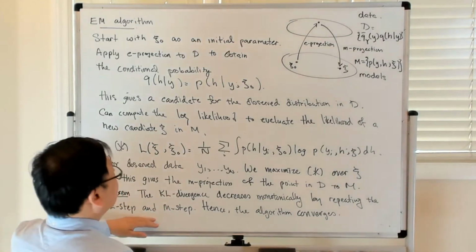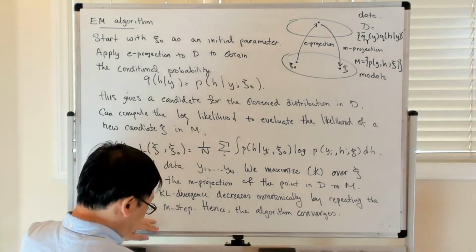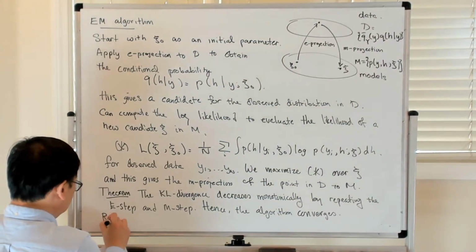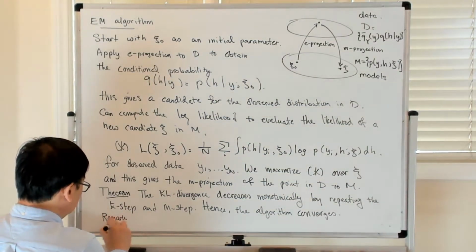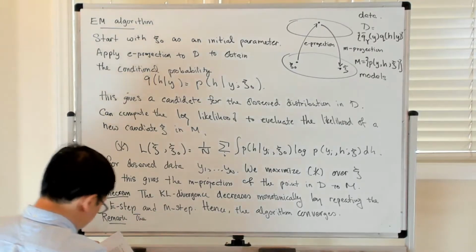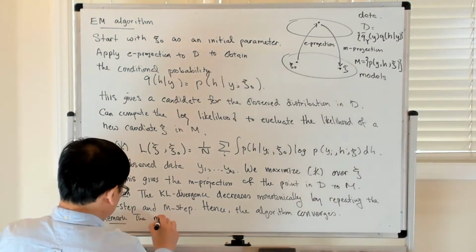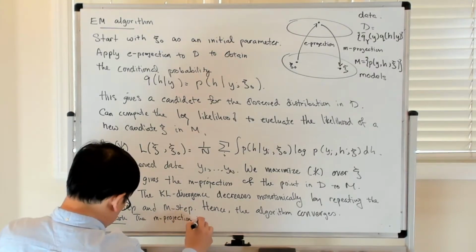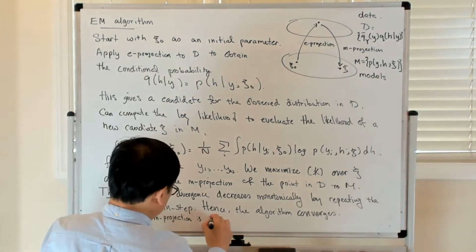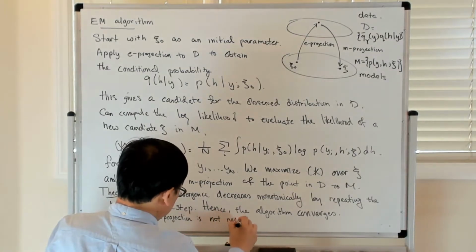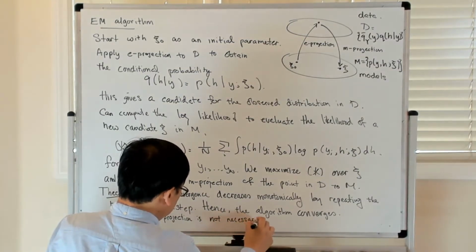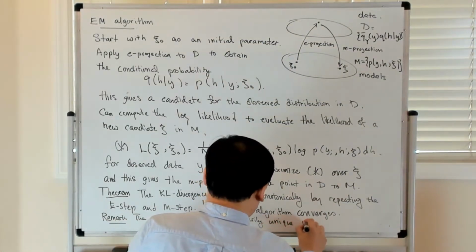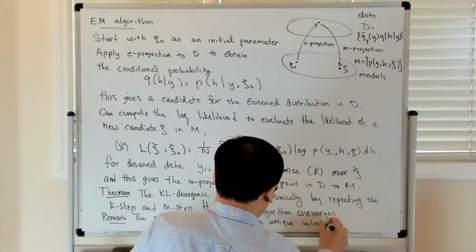So it should be observed that this M projection is not necessarily unique. So remark: the M projection is not necessarily unique, unless M is E flat.